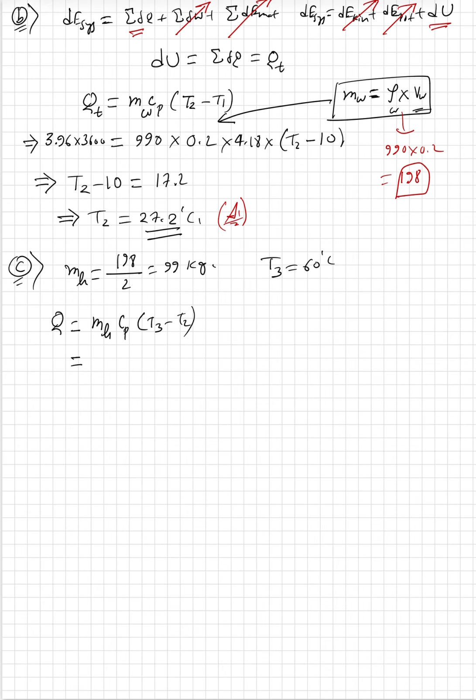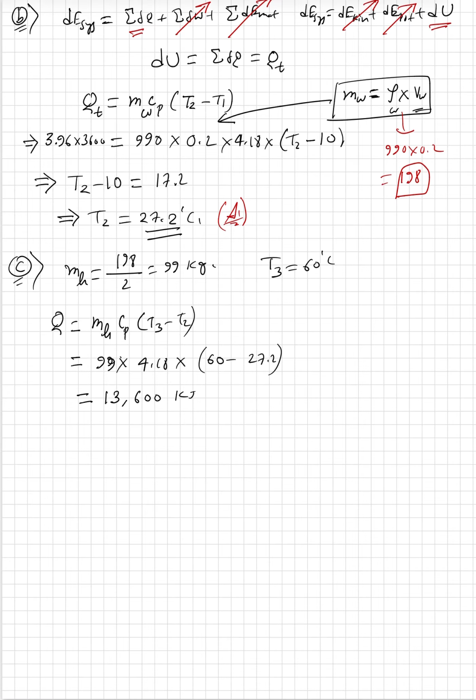So now the mass of the hot water is 99 kg and the Cp is 4.18 again, and T3 is 60 and T2 is 27.2. If you calculate it, you will get 13,600 kilojoule. And why do we want to make it in kilowatt hour?